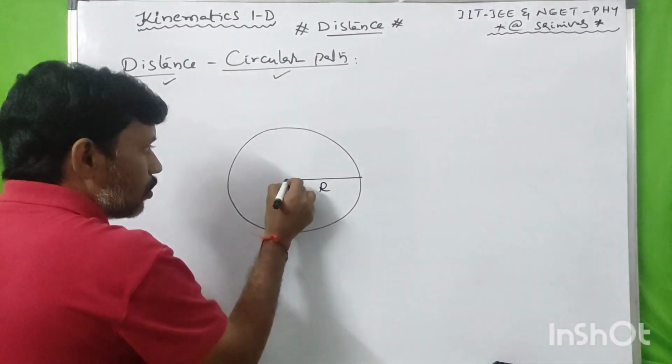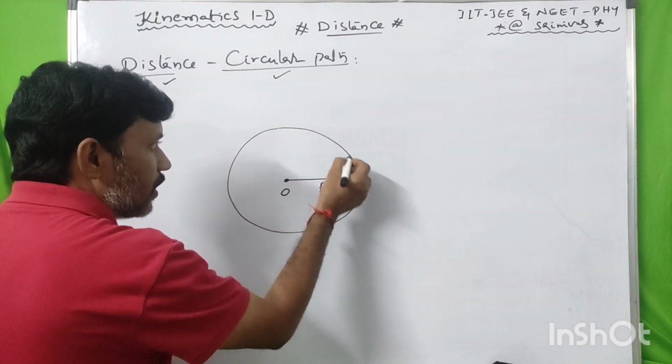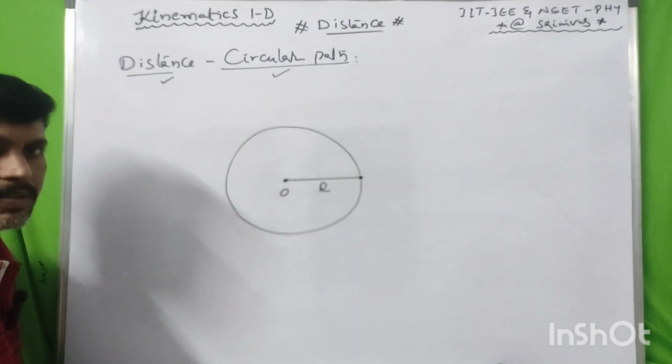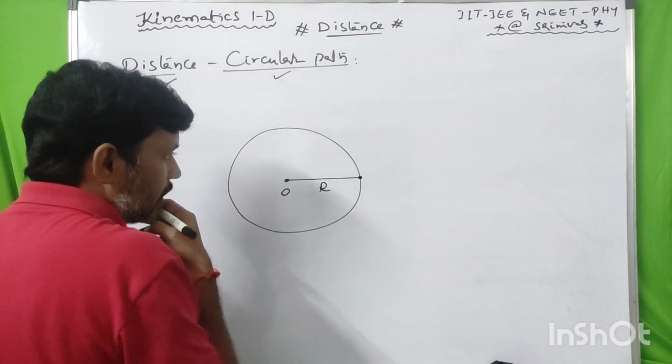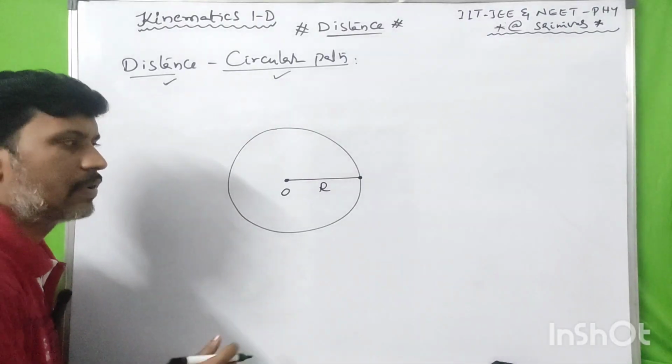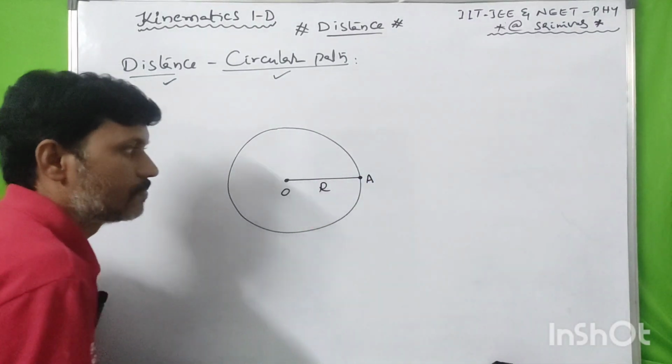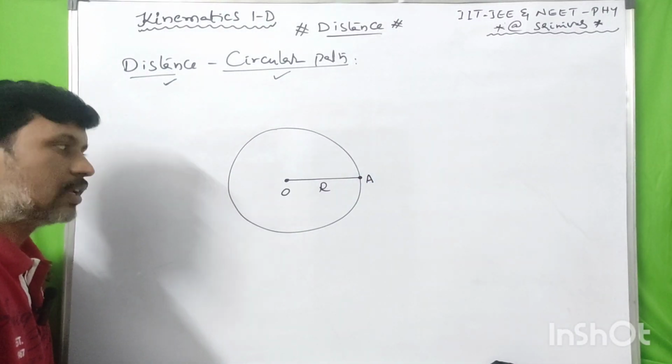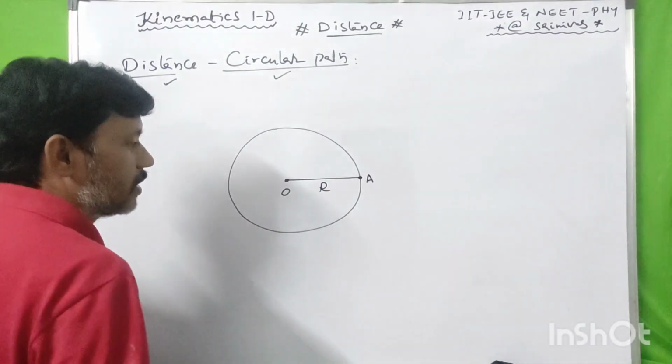From the center to any point on the circumference, that length is called the radius. For example, let us take the point A. This is the radius.